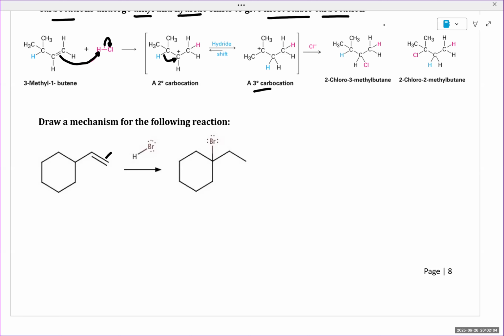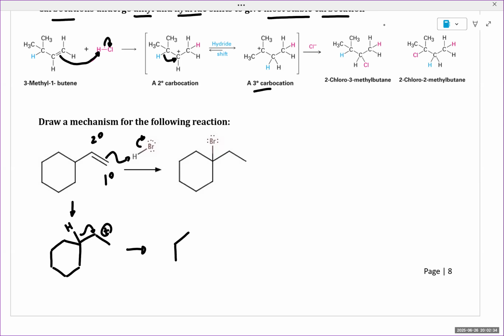So first and foremost, we protonate the alkene. If we want to generate the carbocation, we'll prefer to generate at the more stable secondary position. Once we have our carbocation generated, we're going to observe a hydride shift, in which we have a shift of a carbon-hydrogen bond to generate a new carbocation. Why does this occur?